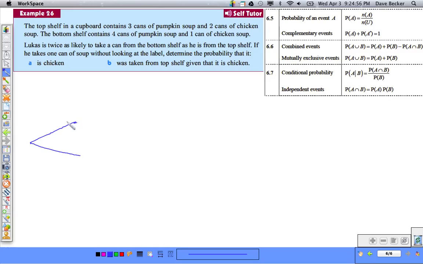Okay. So the first thing is he's either going to select a can from the top shelf or he's going to select it from the bottom shelf. So this is where you've got to think about it.